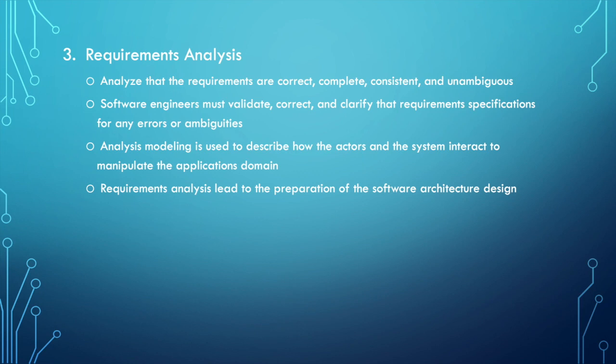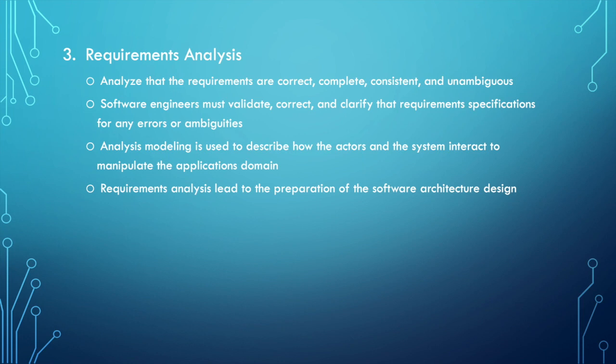And if it is ambiguous, we have trouble developing the software correctly. Okay? So the software engineer must validate, correct, and clarify that the requirement specs are free of any error or ambiguities. So that's your responsibility.